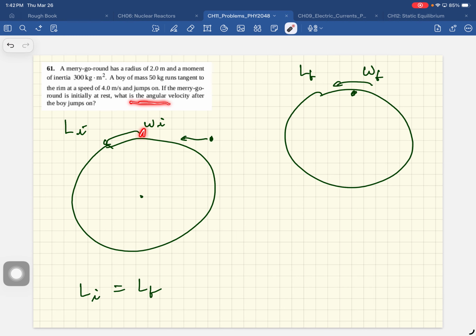It's 1/2, and radian is a free label. So this thing will rotate at 0.8 radians per second.